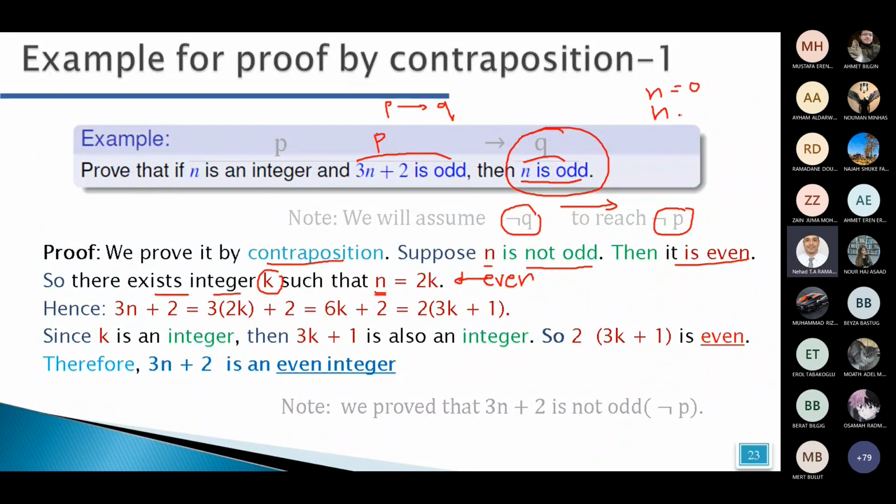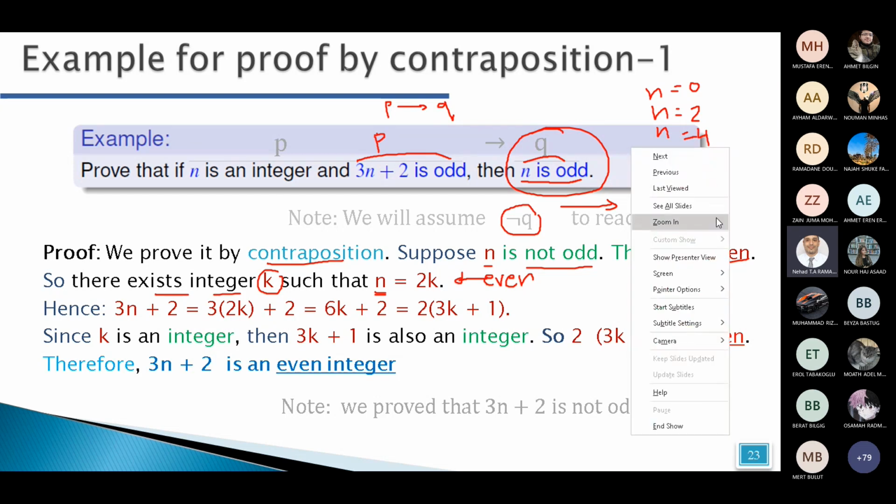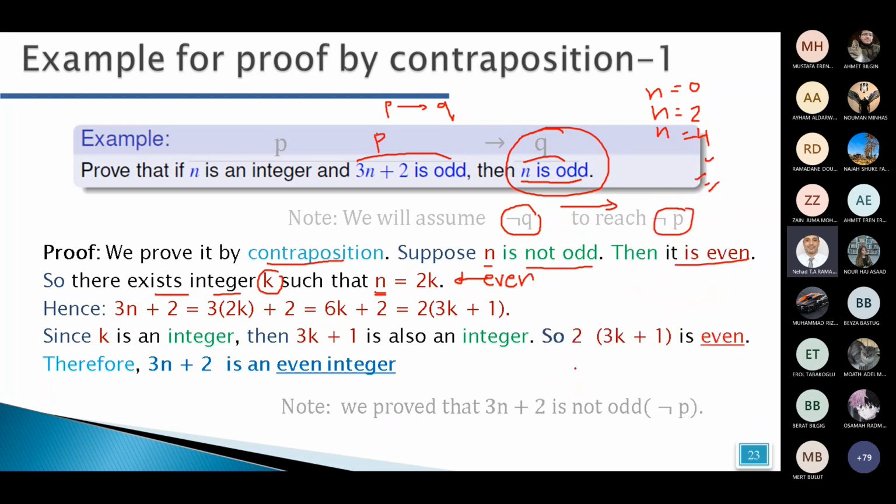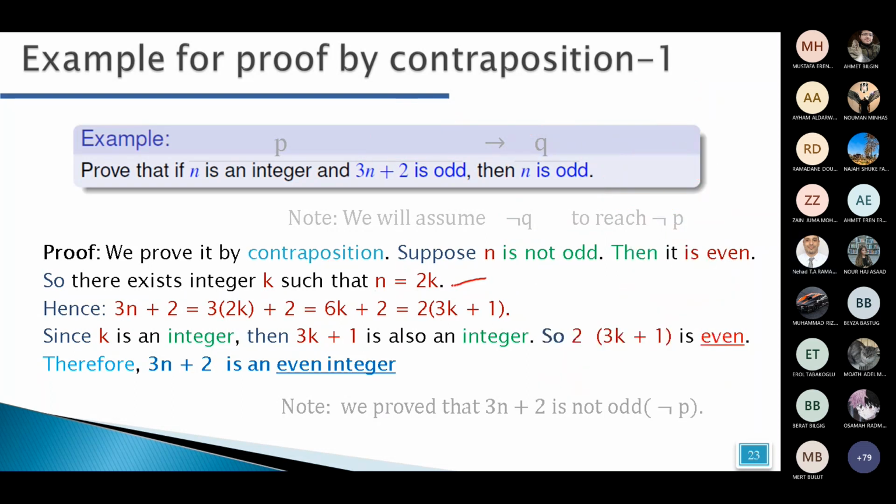If k equals 1, then n equals 2. If k equals 2, then n equals 4. So as you can see, we are speaking about even numbers. So this is the general form for the even number: n equals 2k, considering k as any integer.